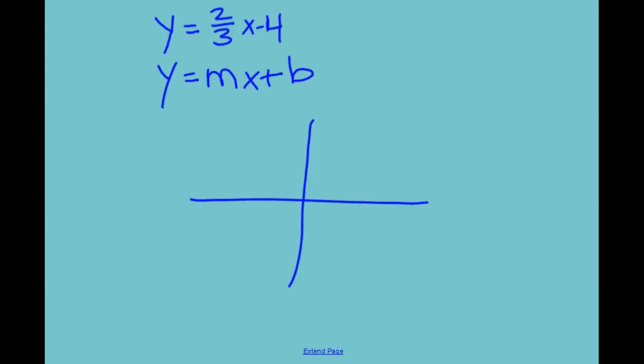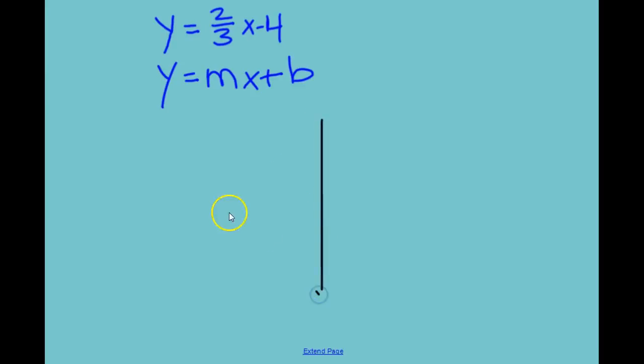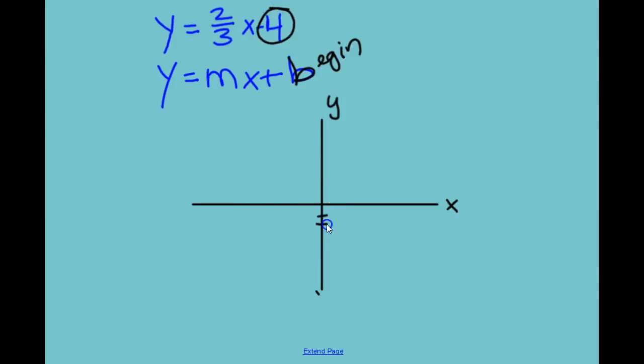We are going to be graphing on our x and y axis. This is x, left to right, and this is y, up and down. From this equation, b, remember, tells me where to begin my graph, so we're beginning at negative 4, or down 4.